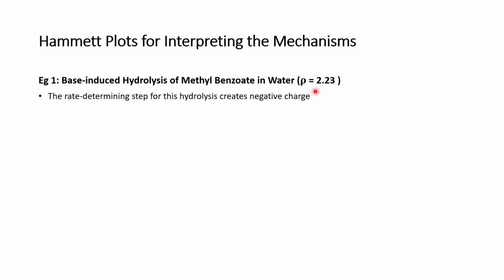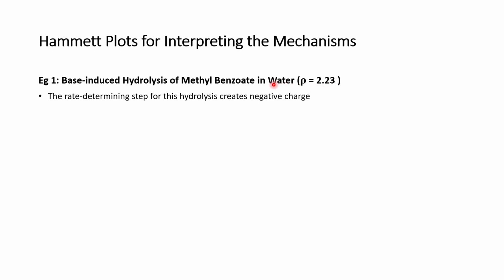So you can see here I have the rho value for the rate constant for the base-induced hydrolysis of methyl benzoate in water. And by looking at the rho value, you can exactly say it's a positive value, and also it's larger than 1. So it's a large positive value.